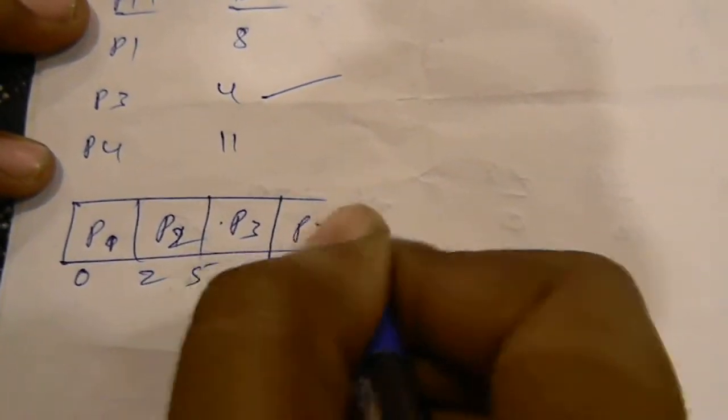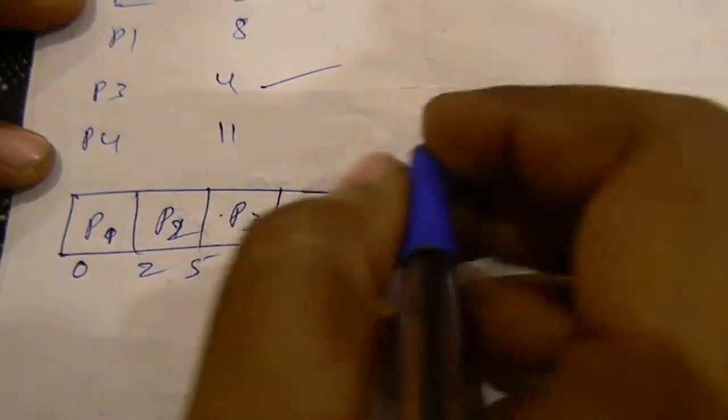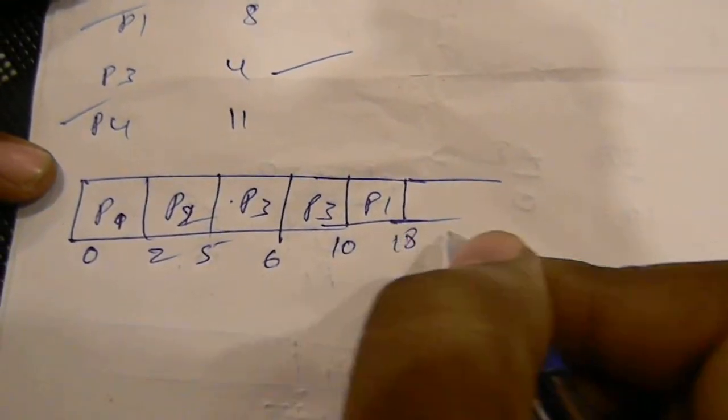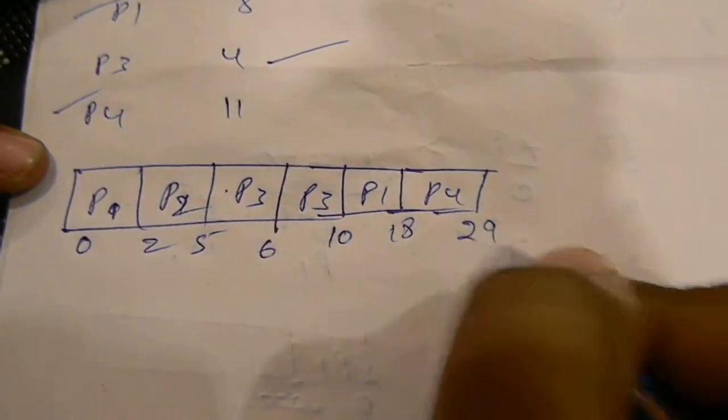The smallest among these three is P3 and it enters execution. Again P3 executes to its completion. Now among P4 and P1, P1 is the smallest and it enters execution and completes. Then P4 enters and executes until 29 milliseconds.